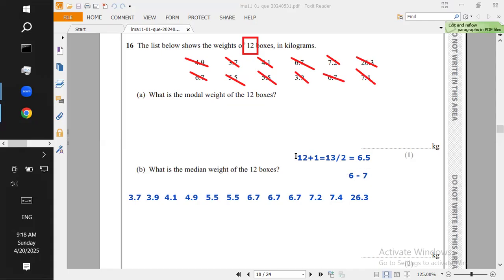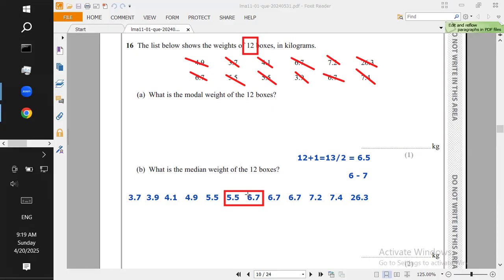The 6th number is 5.5, and the 7th number is 6.7. The median should be in the middle between them because the number of data is even.